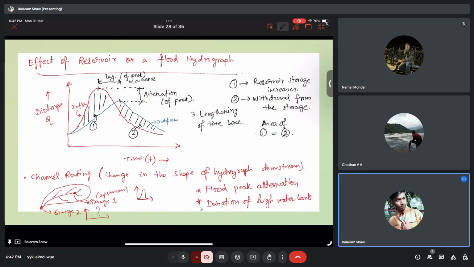So with this, we'll do some questions and then we'll come back. Okay, so the next question is: the equation used in hydraulic routing is.